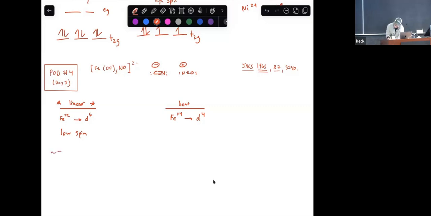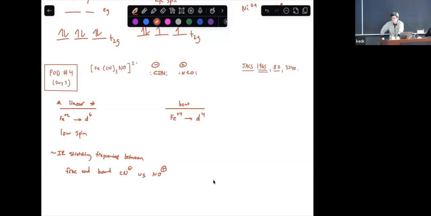So you could turn to, if I'm thinking IR, stretching frequencies between free and bound CN versus NO, right? And so if the NO stretching frequency goes way down in wave number, that means there's a higher amount of back bonding. And we'll see this; if this is going over your head, then we'll unpack this. But that is, I think, a first approximation, good way to do it.